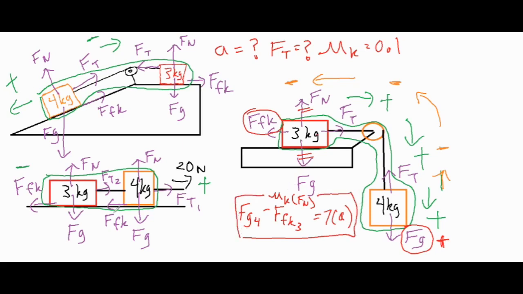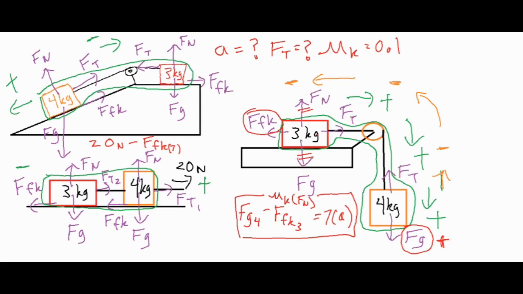Okay, this one over here is a little bit less complicated. We have an FT1 of 20 newtons, and then we just have the force of friction from the entire system. So the way that this one would look is we would just have the 20 newtons minus your force of friction of all 7 kilograms in total, because both of the masses are going to be interacting with the surface.